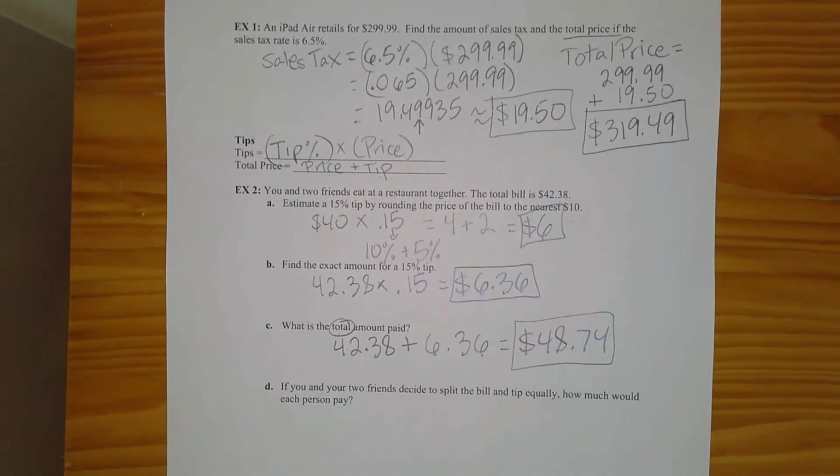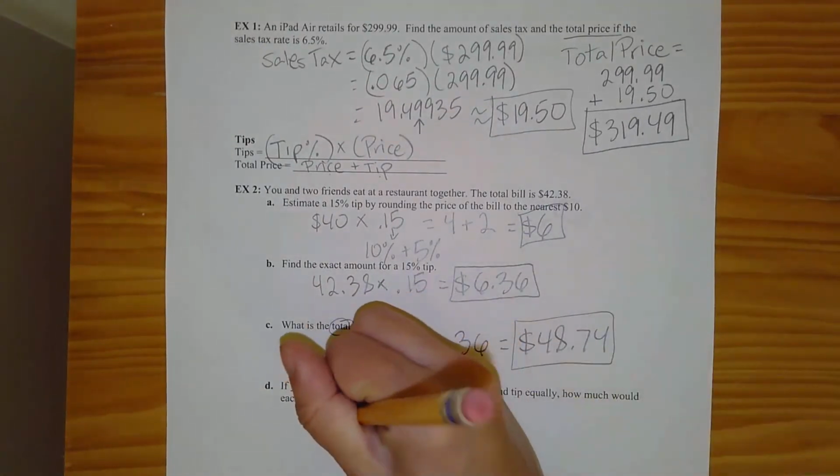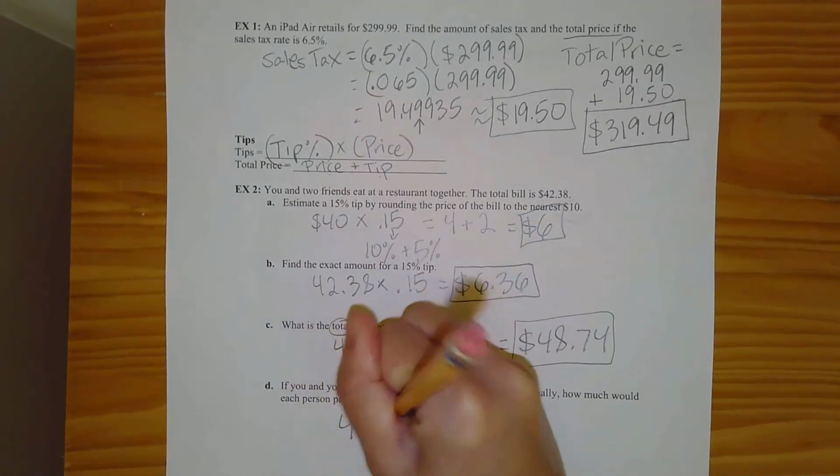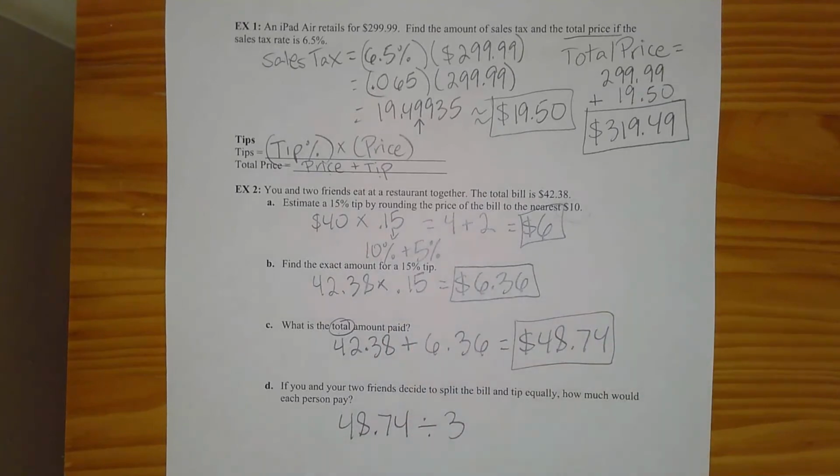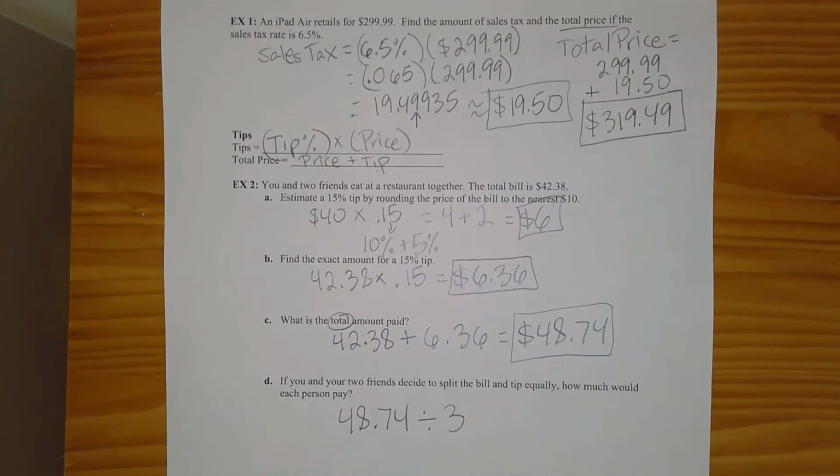So if you want to split it equally, what we're going to do is take that total amount, $48.74, and we're going to divide it by the 3 people that are eating at the restaurant together. Okay? And we're going to round that amount to the nearest cent.